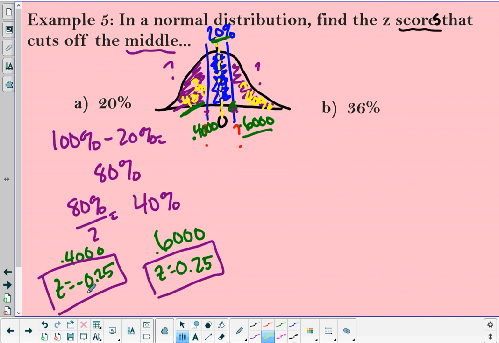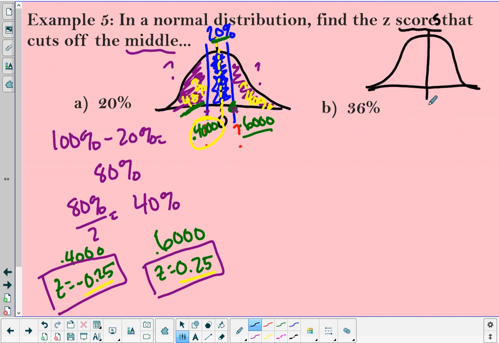And boom, that's what you get. Negative 0.25, positive 0.25. So theoretically, you could find this one, which was going to be the negative one because it's going to be on the bottom half of the data, and then also list its positive version. If you want to be super careful, draw yourself this picture every time and make sure that you find the right values. So let's do this again on the next one.